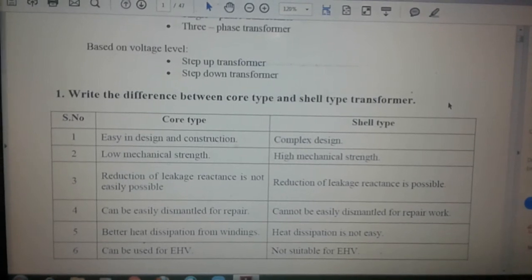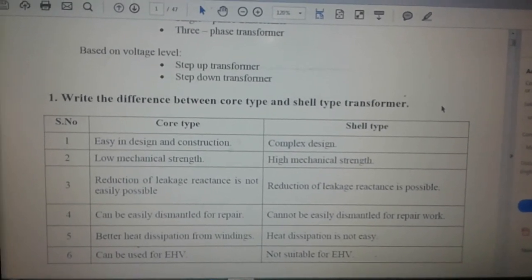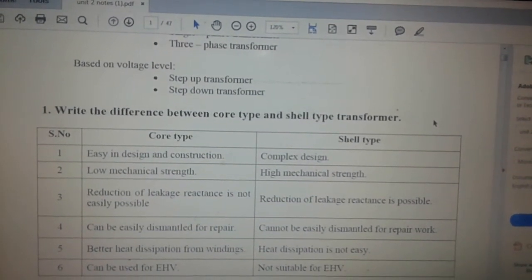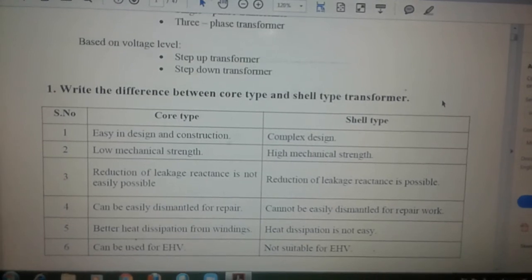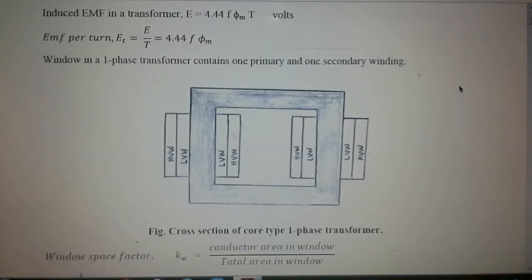Heat dissipation from the windings is not easy for shell type transformer, and it is not suitable for extra high voltage applications, that is EHV applications.